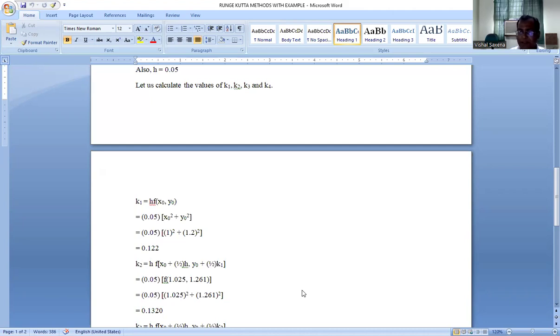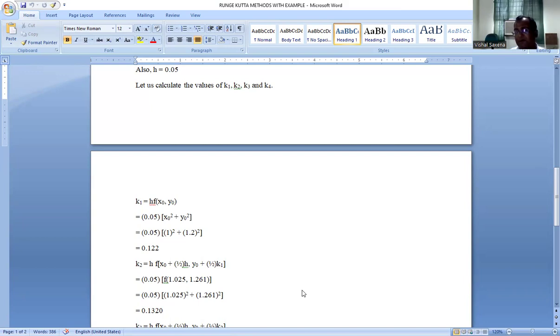Next is the value of k2. k2 is given by h into function f(x naught plus h by 2, y naught plus k1 by 2). So h is 0.05, and what is the function? The function is our differential equation, the derivative term dy by dx. x naught is given as 1 and h is taken as 0.05.